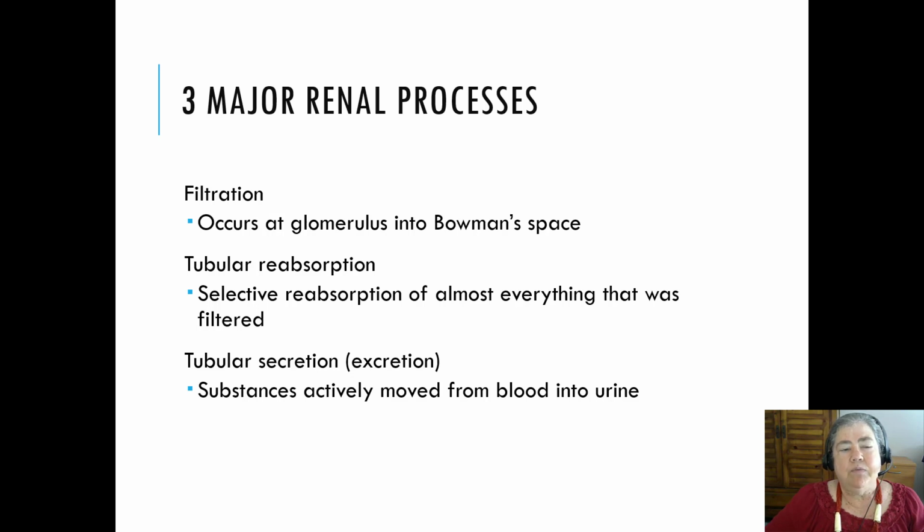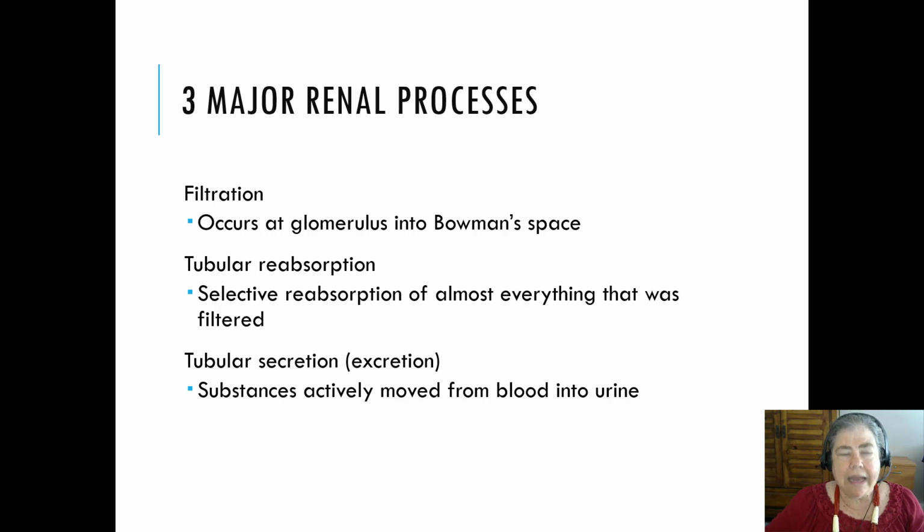As that fluid proceeds through the tubules, almost everything that was filtered gets reabsorbed, and it's a very precise and selective process. And this is important because if we didn't reabsorb, we would die of dehydration in hours.